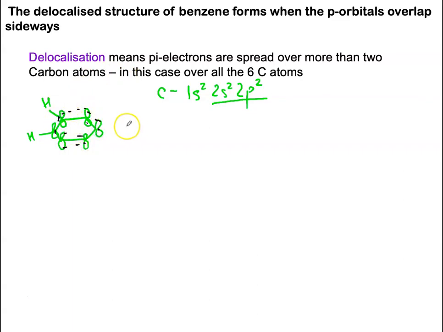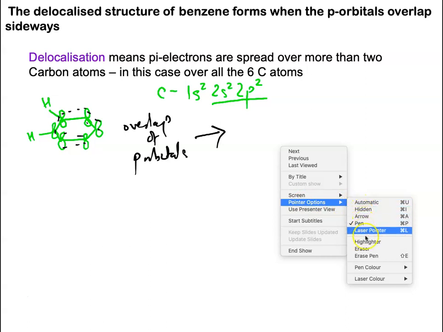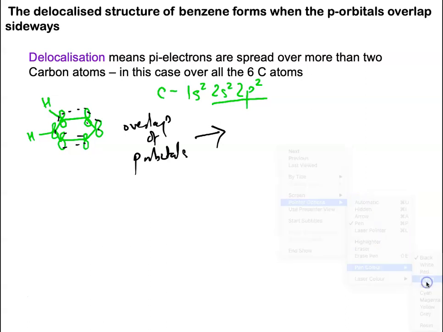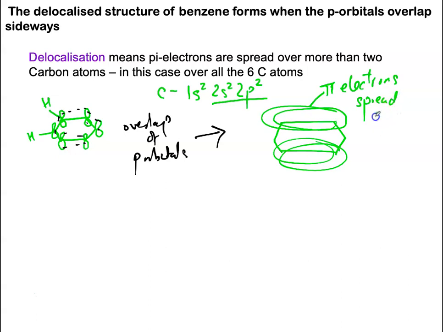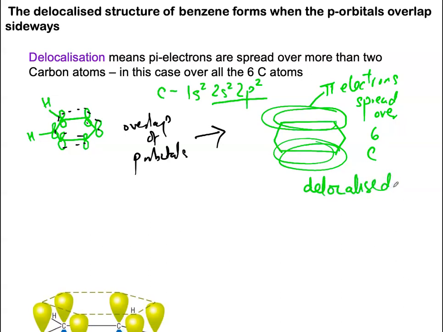Okay, so overlap of p orbitals results in a cloud of pi electrons spread over 6 carbons, and we call this that the pi electrons are delocalized.